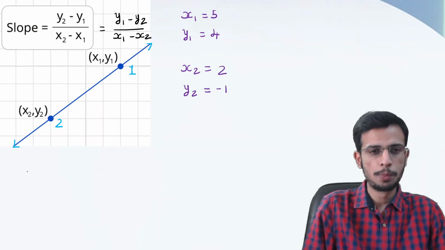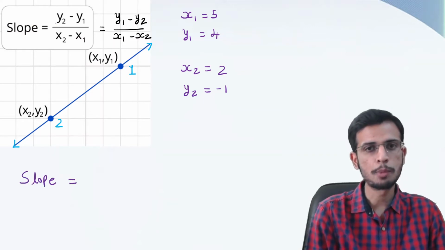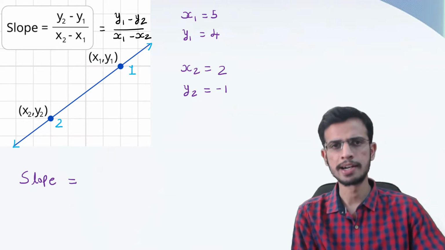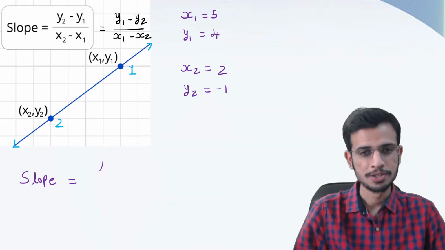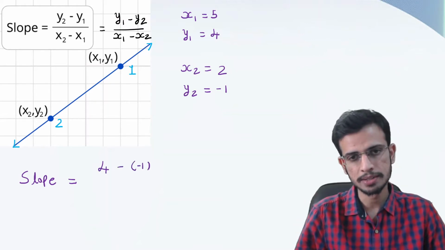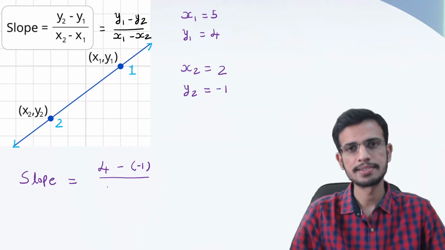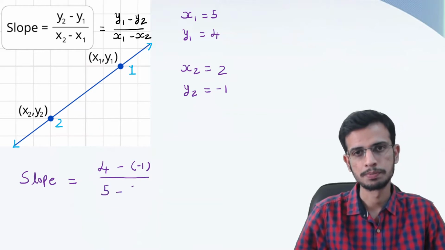So let's find the slope. We can use y1 minus y2, so that we get a positive value. That is 4 minus minus 1, divided by x1 minus x2, which is 5 minus 2.